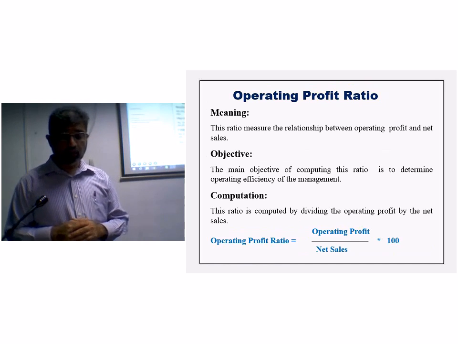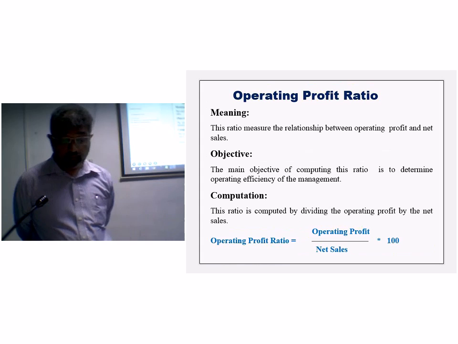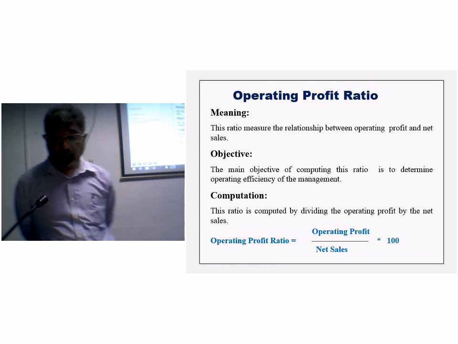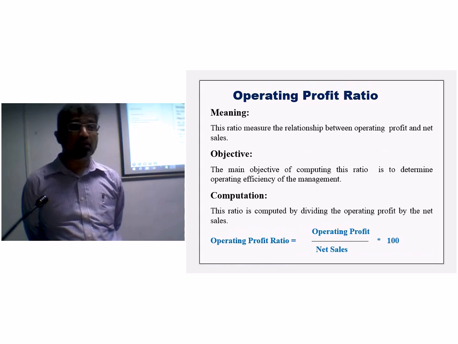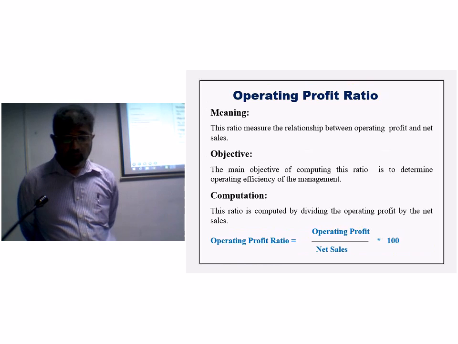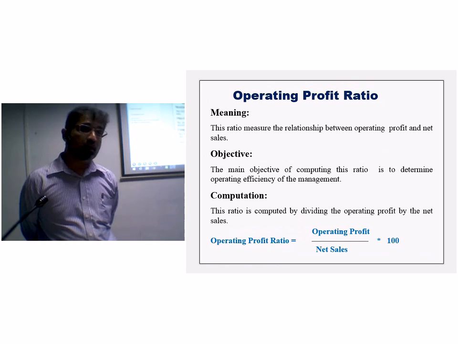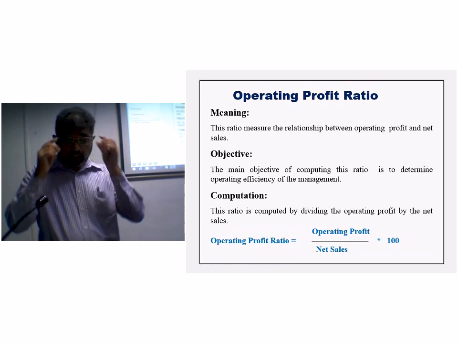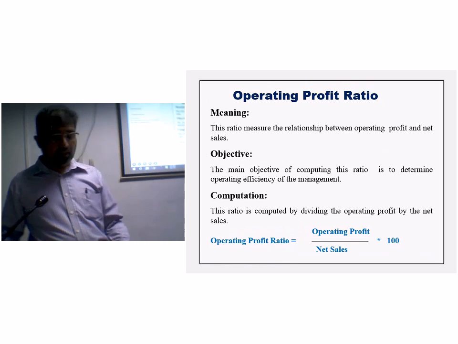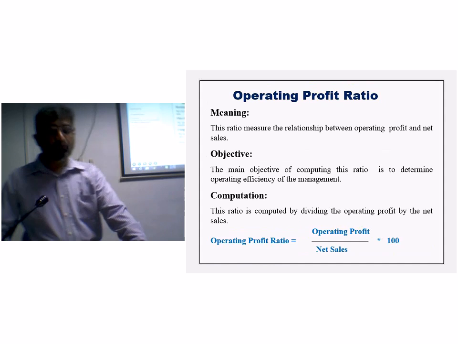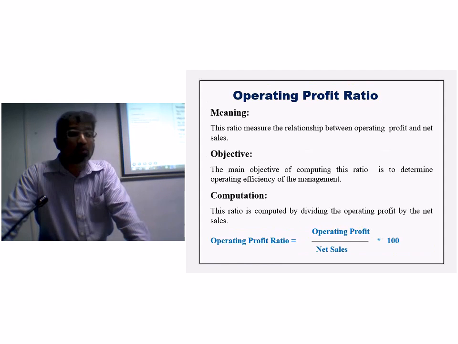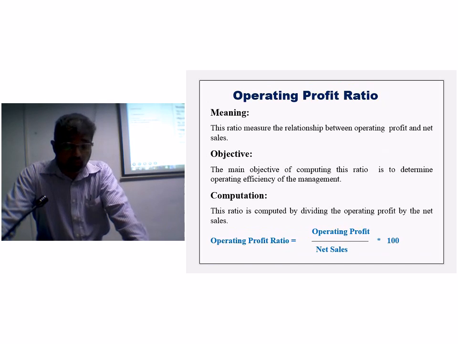Then the operating profit ratio. Again, this ratio measures the relationship between operating profit and the net sales. The main objective is to determine the operating efficiency of the management. As per the objective, you can clearly understand how important this ratio is to the management of that organization.